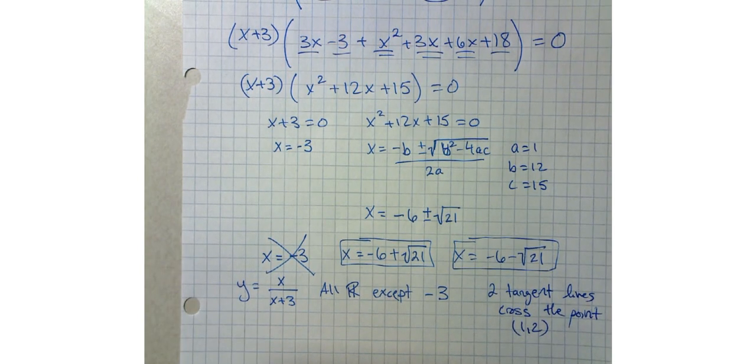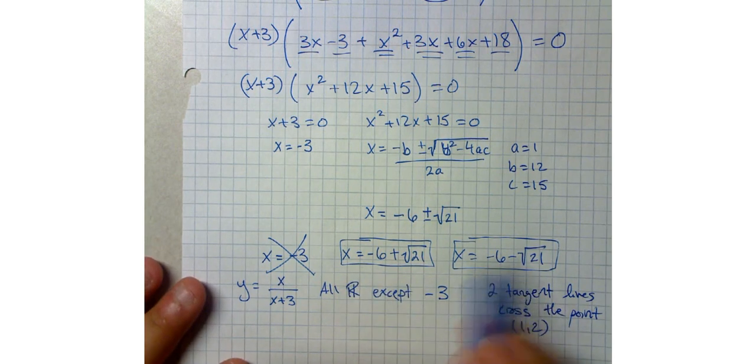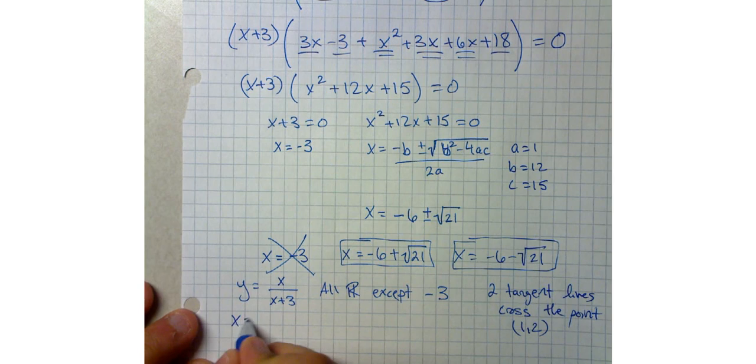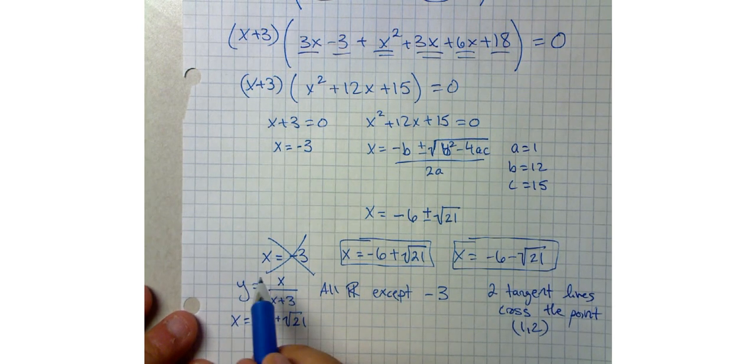In the next question, they ask, at which points do these tangent lines touch the curve? At which points? Well, x equals this, x equals that. We have to get the y values. X equals -6 plus the square root of 21. If I plug it back into this function, my y function, what do I get?